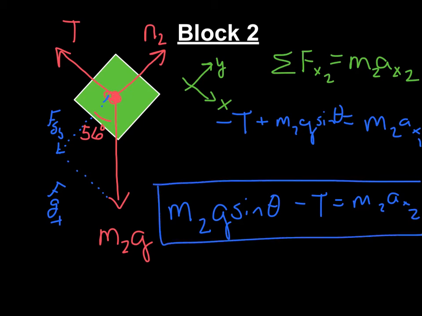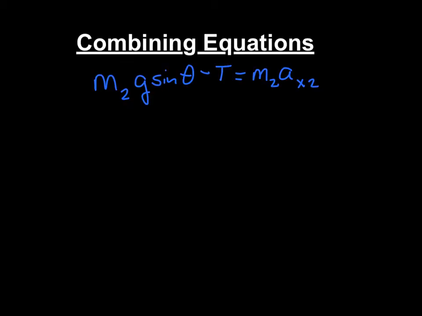So now we're at the part where we can plug in T from what we got before. Starting with this equation, we expand this T using what we have before.